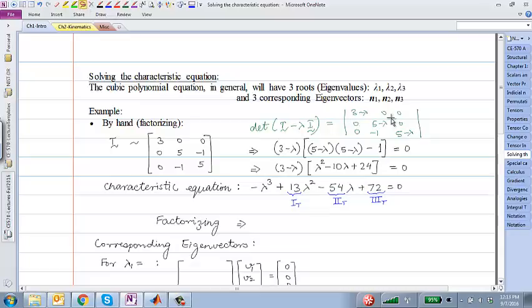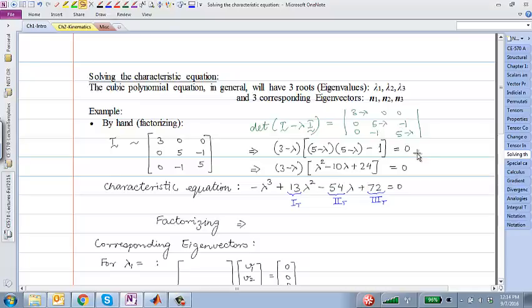So hopefully you are able to convince yourself that the determinant of this matrix, if I expand it about this element, would be 3 minus lambda times 5 minus lambda times 5 minus lambda minus, sorry, this should not be 0, it should be minus 1. Minus 1. So we get this expression.